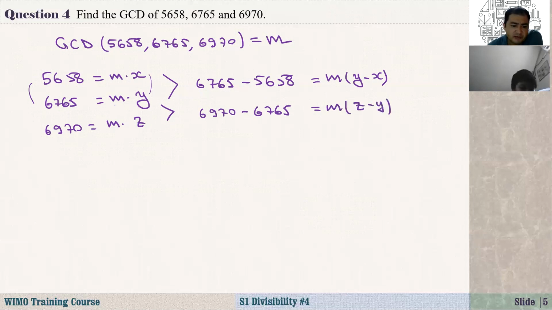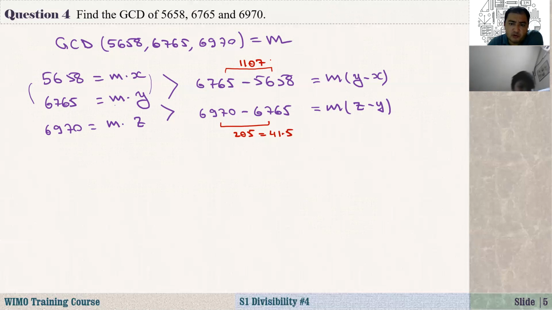Now if you find the differences, the difference of the first two numbers is 1107. And the difference of the other two, if you subtract, is 205. Now 205 is a small number, right? If you factorize it, 205 is equal to 41 times 5.